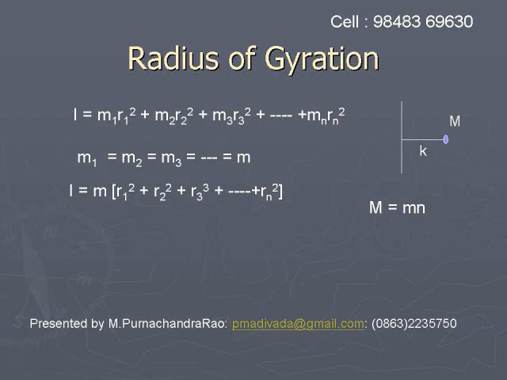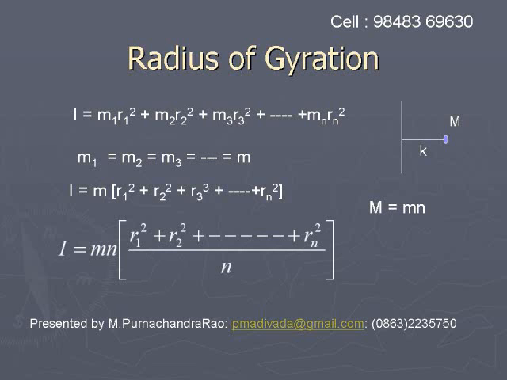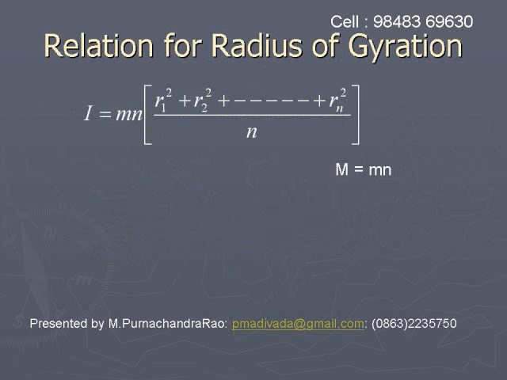Let us multiply the numerator and denominator with n. Then we get the relation for I as mn into r1 square plus r2 square plus and so on plus rn square, divided by n.